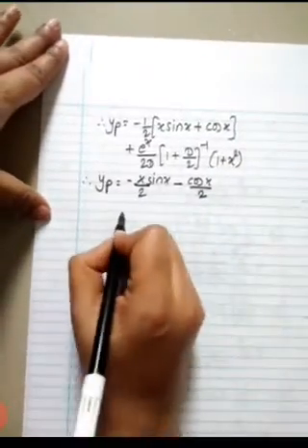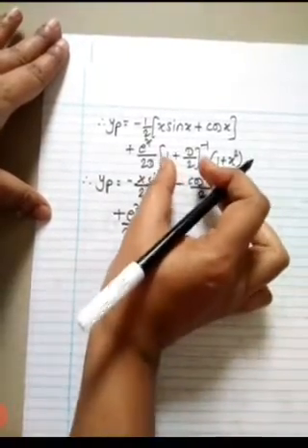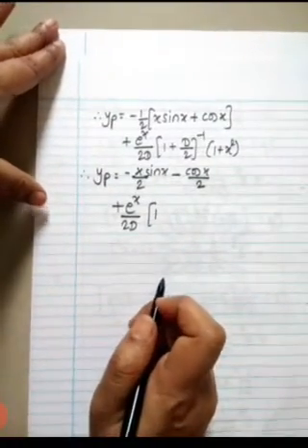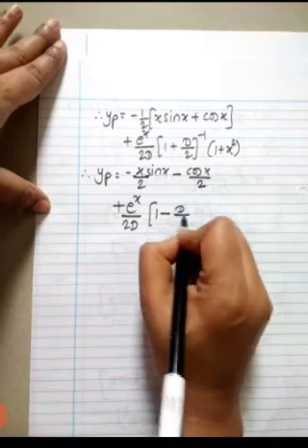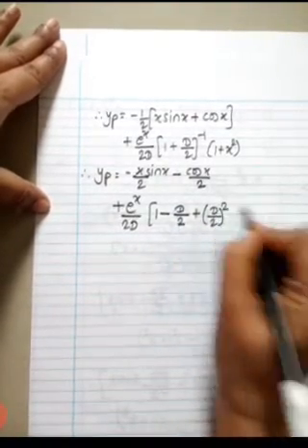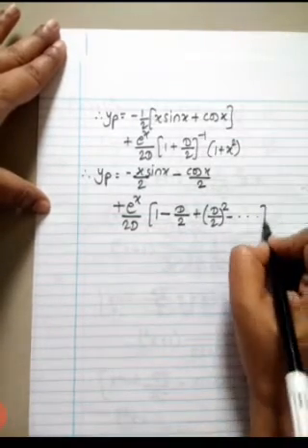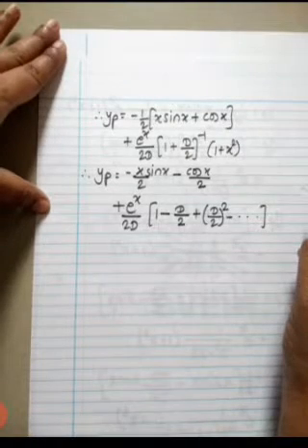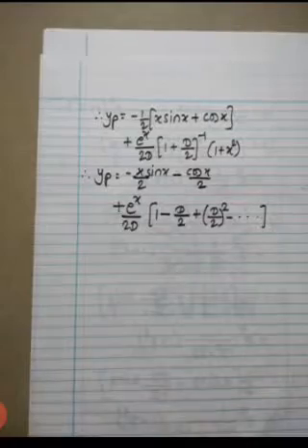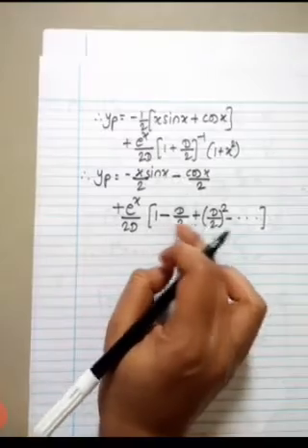Plus e raised to x by 2d into, now expand this: 1 minus d by 2 plus d square by 4 minus and so on, into 1 plus x square. Am I right or wrong? Yes.